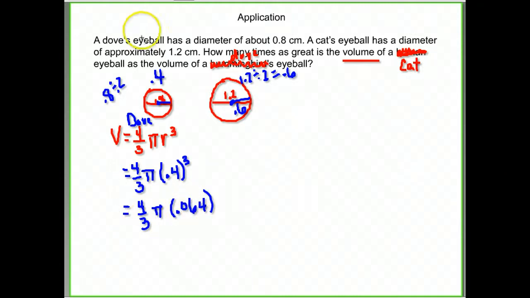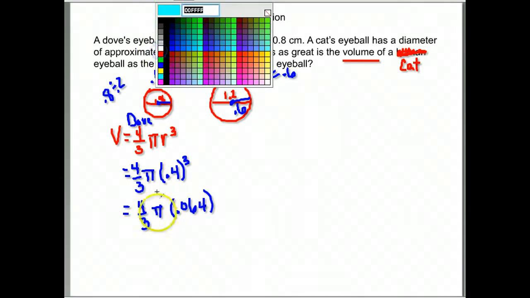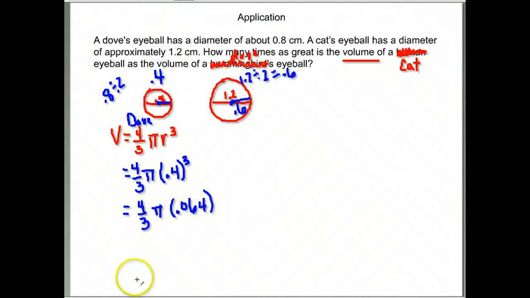The way you would put that into your calculator, if you want to avoid using fractions or you don't have a fraction button on your calculator, you would do 4 times 0.064, and then for the thirds, you just divide that by 3.